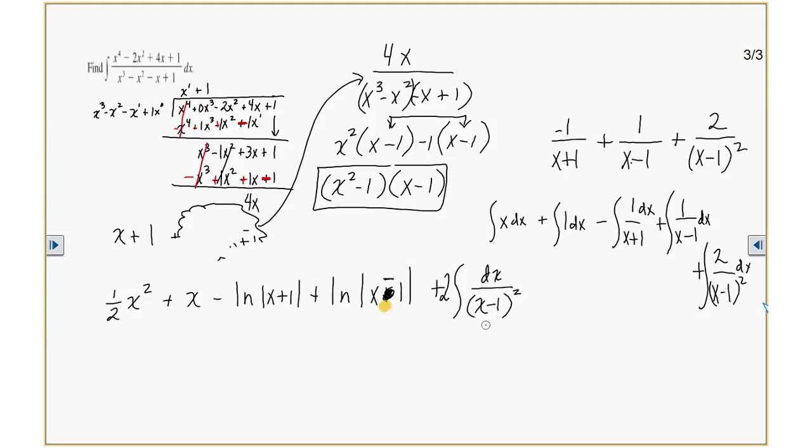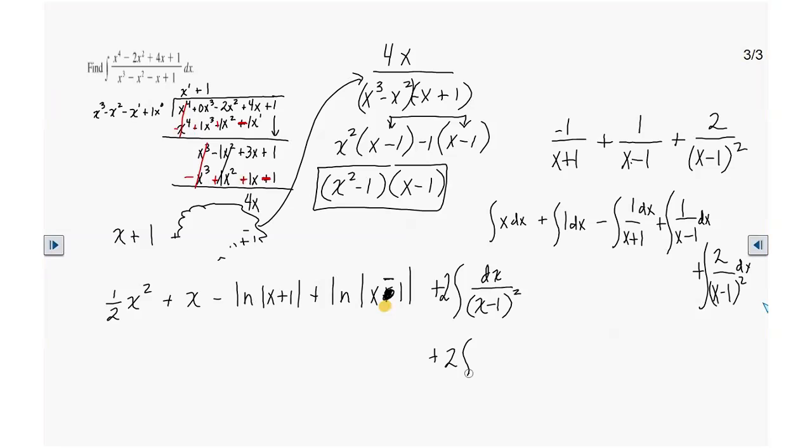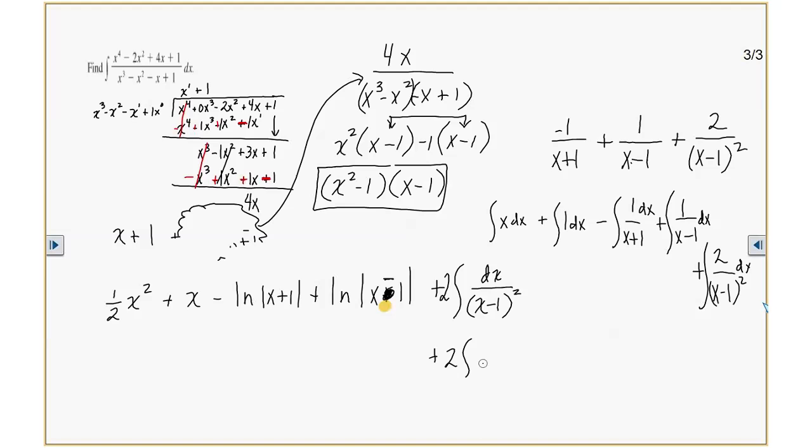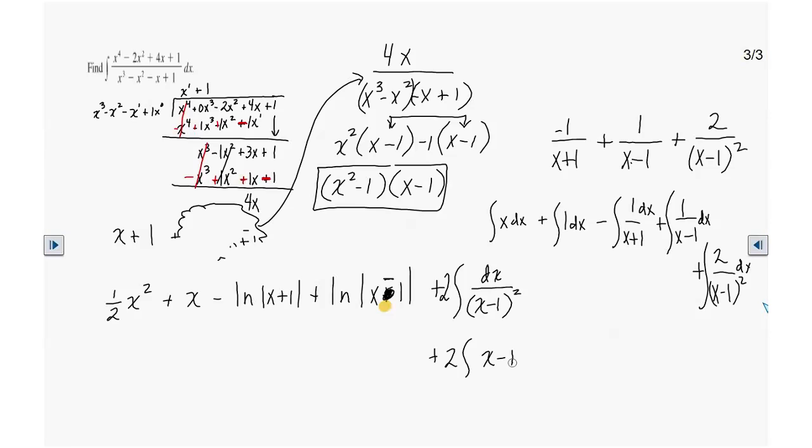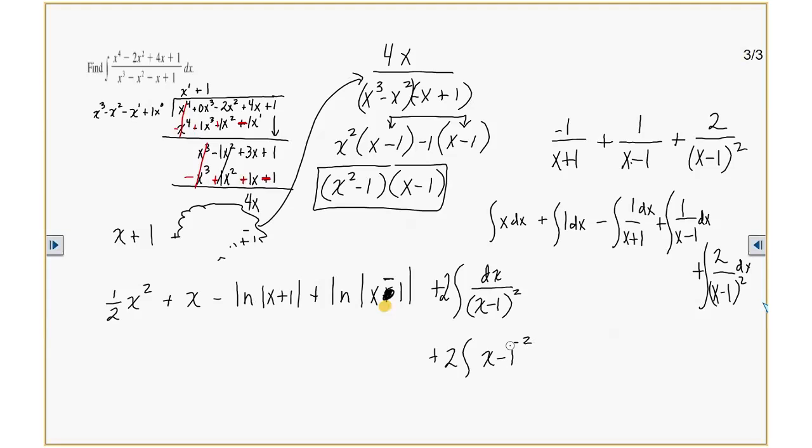Well, what is the derivative of x? dx. No, hold on. Plus 2 antiderivative of x minus 1 to the negative 2 dx.